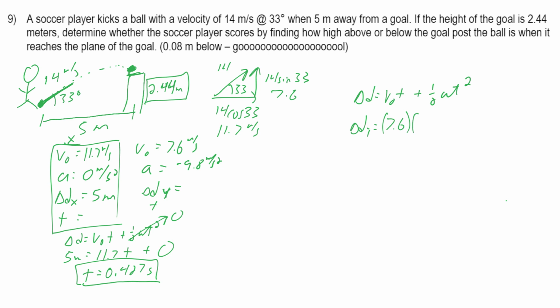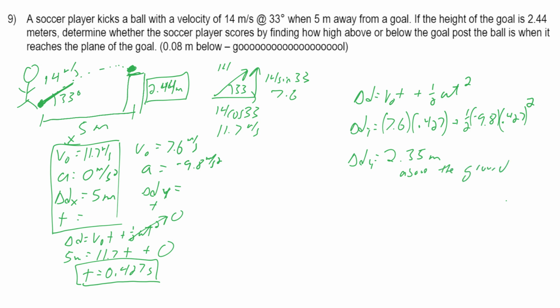The time here is 0.427, plus 1/2 times negative 9.8 times 0.427, and then don't forget to square this. That's a big error I see students make. And then we just calculate that out. So I get 2.35 meters.